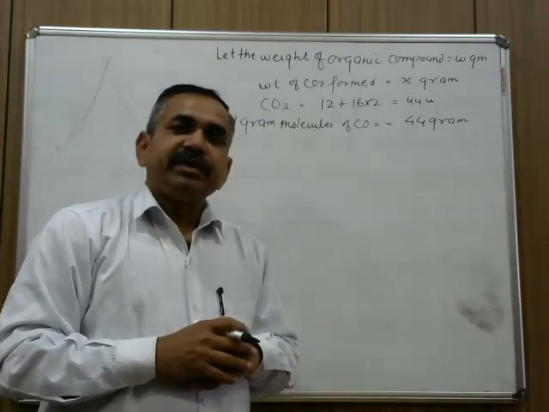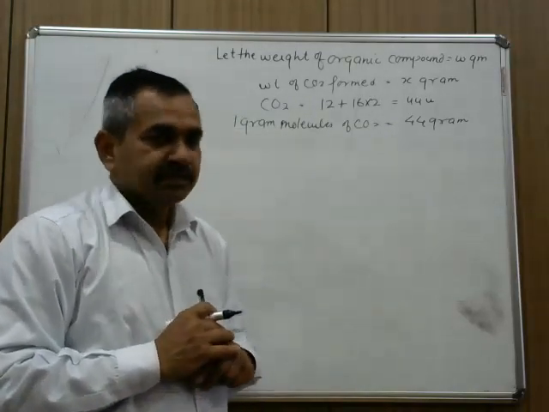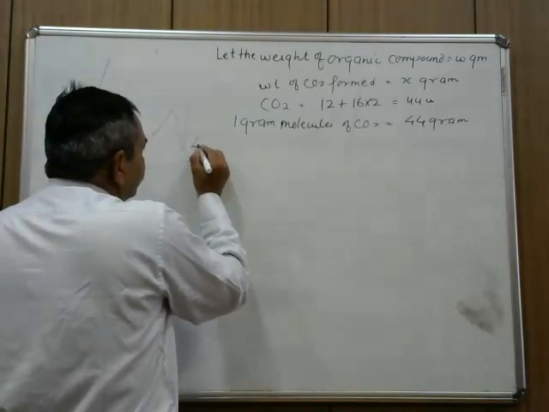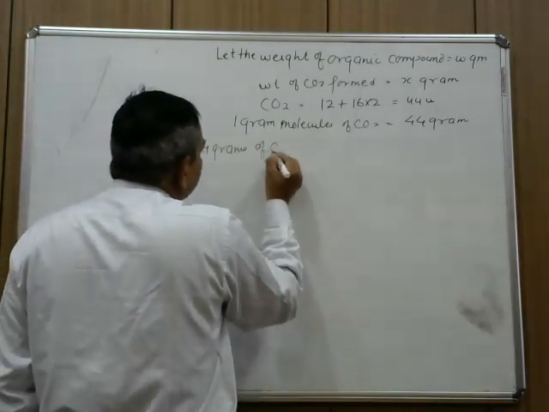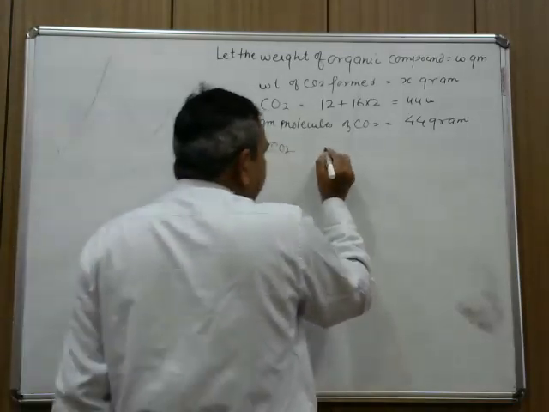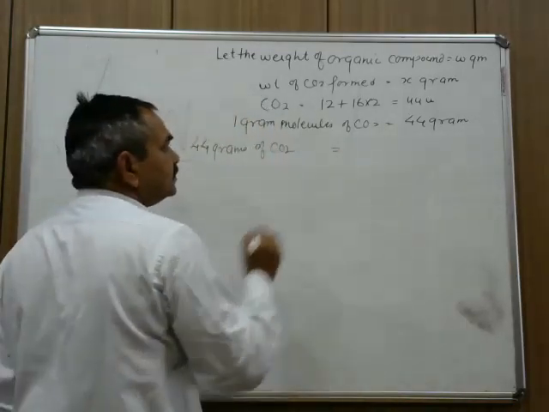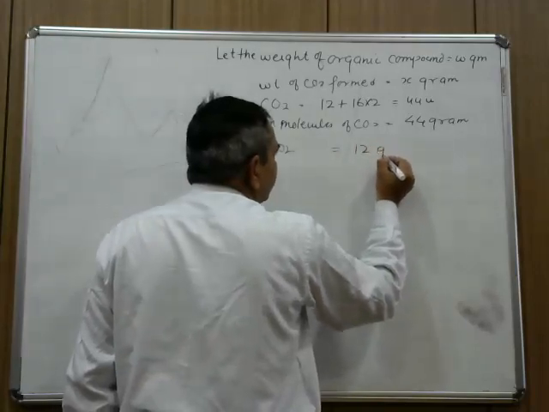Now we apply a simple unitary method. 44 grams of CO2 has how much carbon? 12 gram.